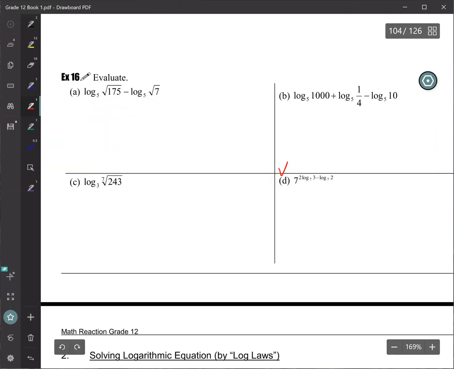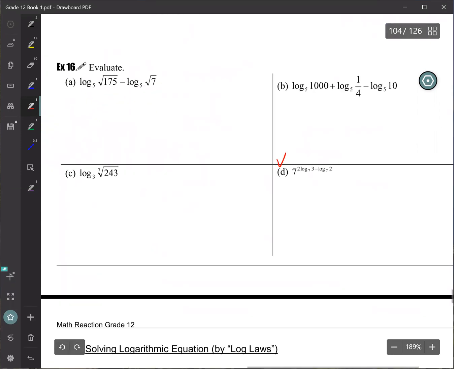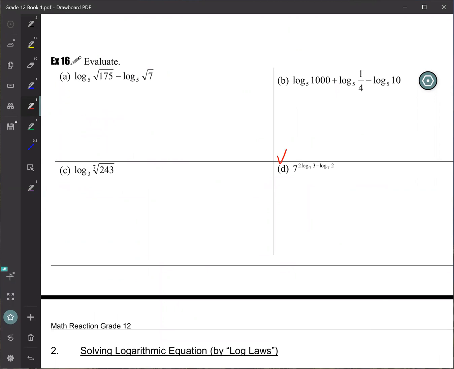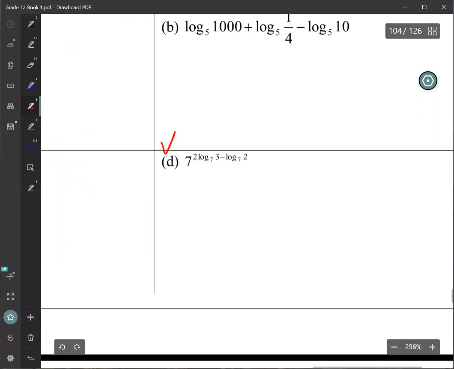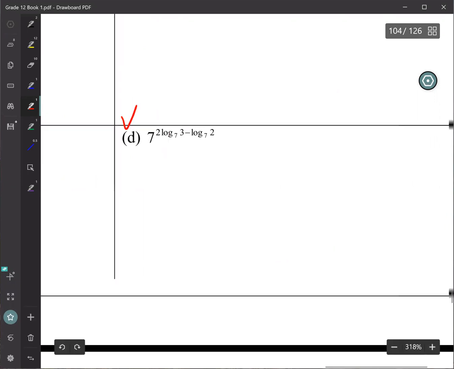Your goal is to evaluate, meaning the final answer is just a number, no log at the end. Let you try this, and once you get the answer, or if you get stuck, raise your hand so I know we can start going over it.